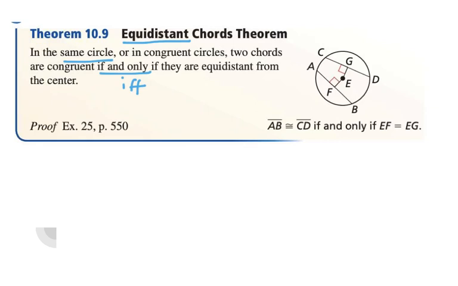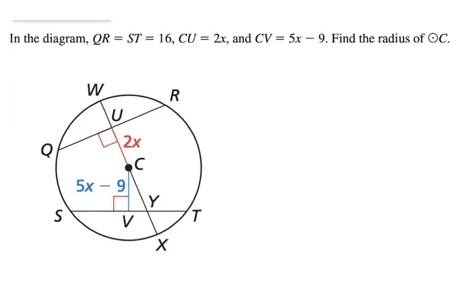I always look for the shortest path, the one that's perpendicular to the opposite side. So if the two chords are congruent, those distances are congruent, and the reverse is true. If we know that those distances FE and EG are congruent, then it must be true that the chords are congruent. So here, let's take a minute and study this example, and we'll do this one together, and then we'll get on to a little Kahoot to practice.